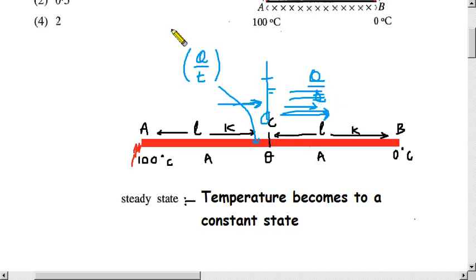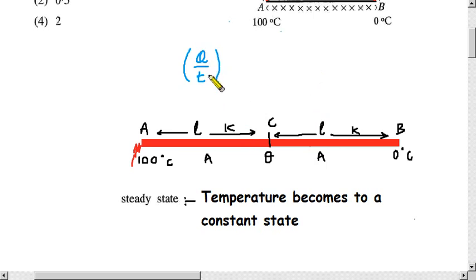So if the steady state has been reached, we can therefore write that Q divided by t for this rod equals Q divided by t for this one. At this junction, the rate of heat coming in is equal to the rate of heat leaving this junction.